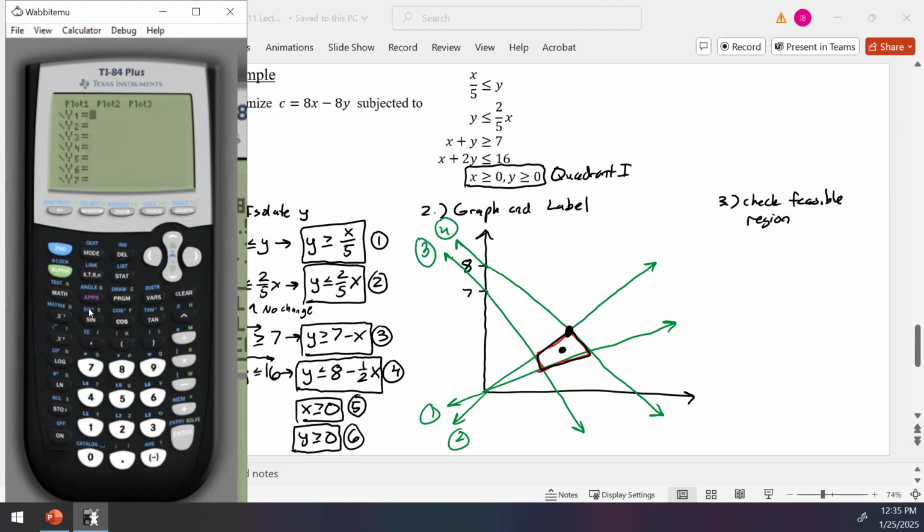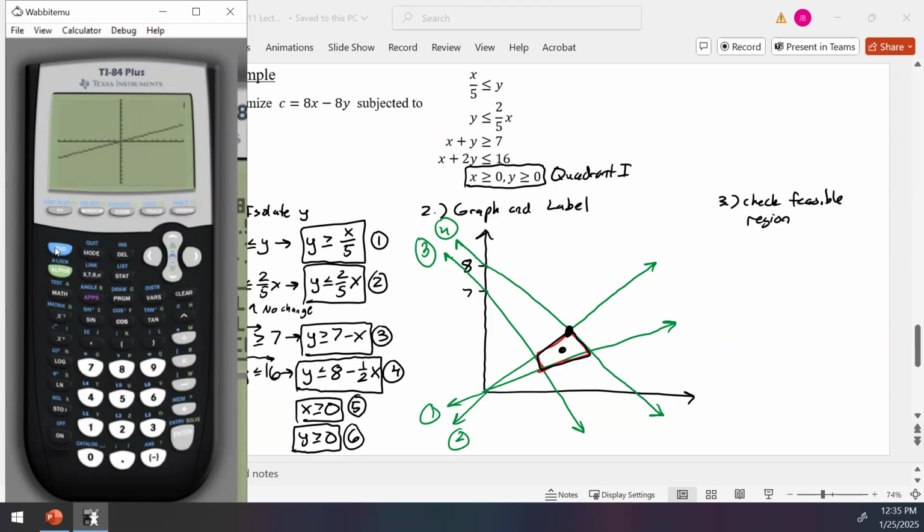And so we're going to do x divided by 5, 2x divided by 5, 7 minus x, and 8 minus 1 divided by 2x. And like I said, I only want equations 2 and 4. So let's hide this one. Let's hide this one. And then I'm going to graph them.